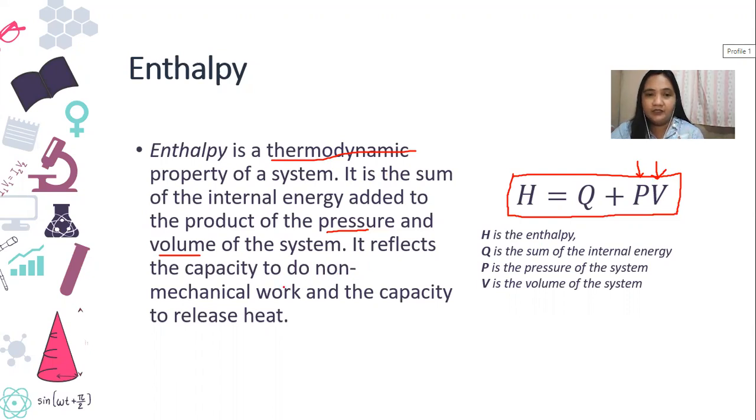It also reflects the capacity to do non-mechanical work and the capacity to release heat. So later on, if you've encountered the derivation in another video, you eventually know that delta H is actually just Q.